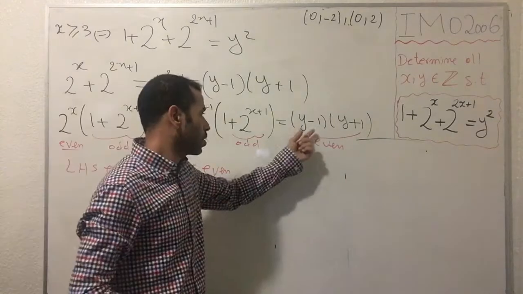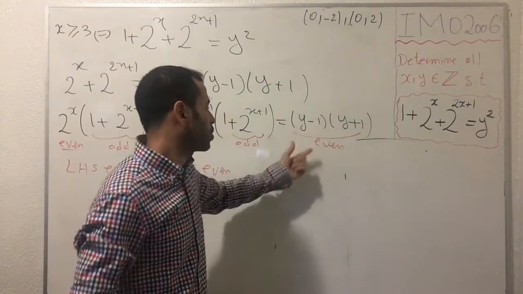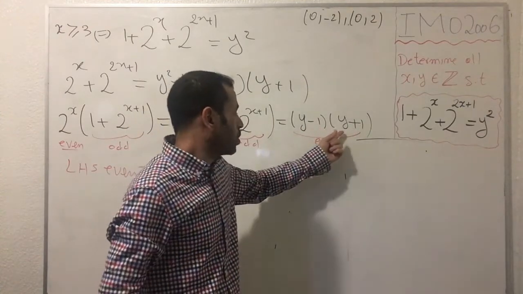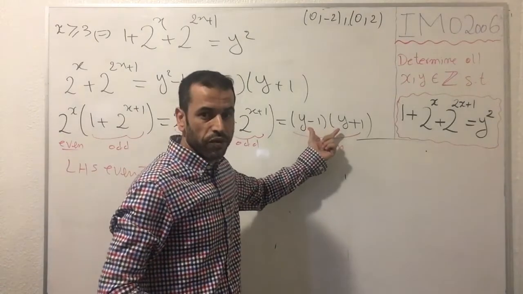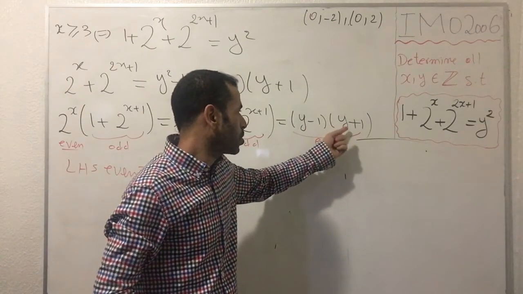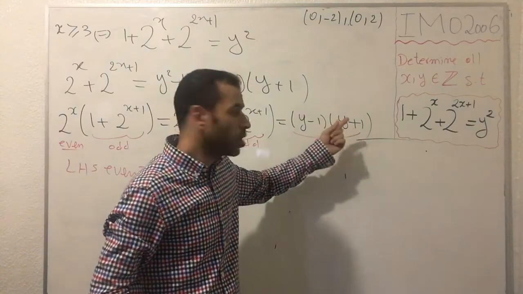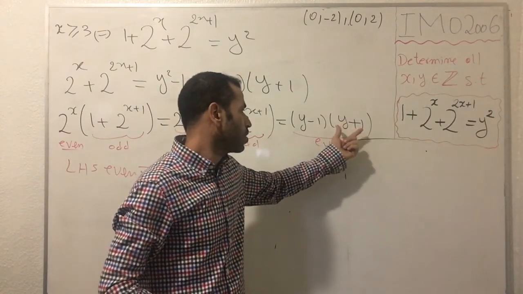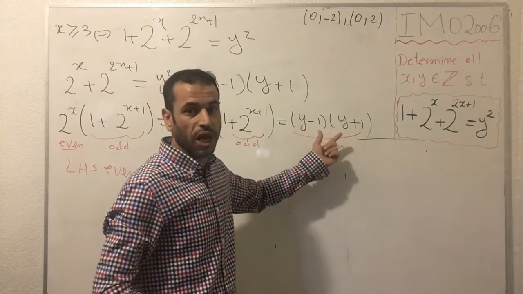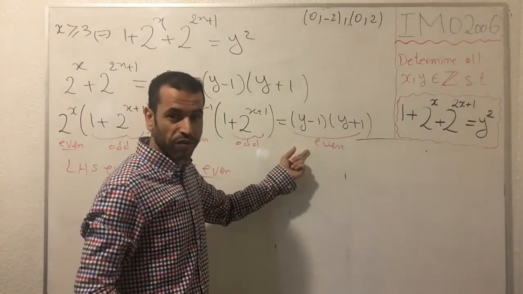I'm going to check whether these two terms are even or not. The product of these is even. Let's suppose y plus 1 is even. That means y is odd, so y minus 1 is even.